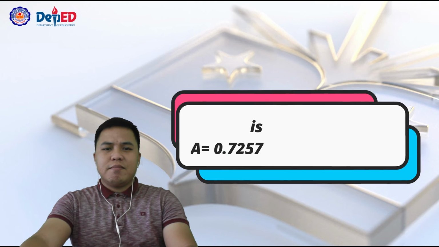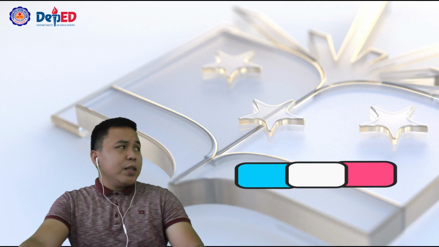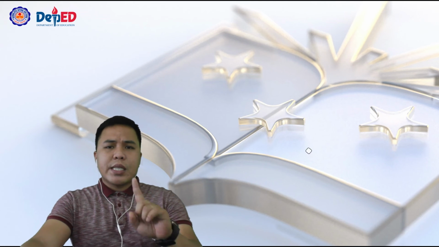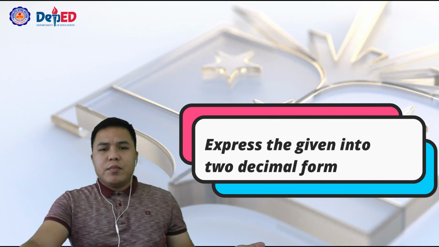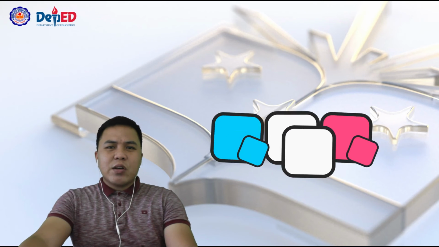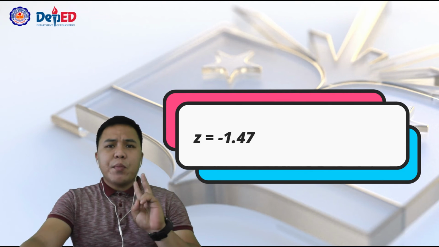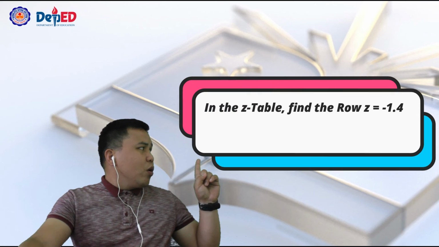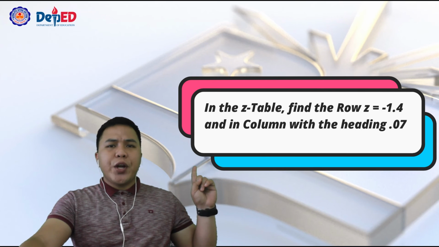Thus, the area that corresponds to z is equal to 0.60 is equal to 0.7257. Next, for letter B, find the area that corresponds to z is equal to negative 1.47. Now let's apply the 3-step rule. Step number 1, express the given into 2 decimal form. And it is z is equal to negative 1.47 as it is. Step number 2, in the z table, let's find the z is equal to negative 1.4 in the row and in the column with the heading 0.07.